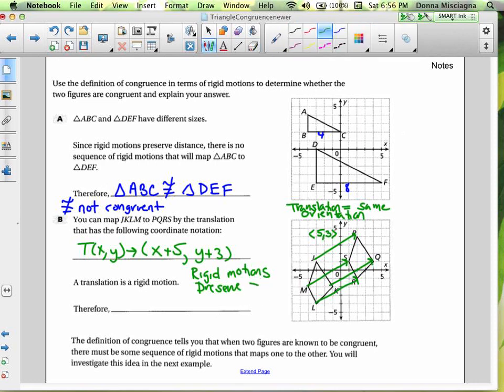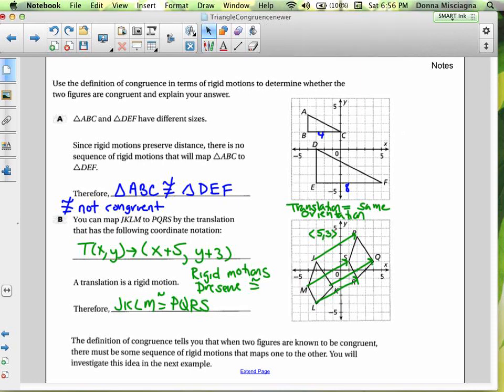We'll make it a little easier on ourselves. Rigid motions preserve congruence. Therefore, JKLM is congruent to PQRS. So you see we're using our transformations to show that our figures are congruent by finding a sequence of transformations that maps one figure to the other.